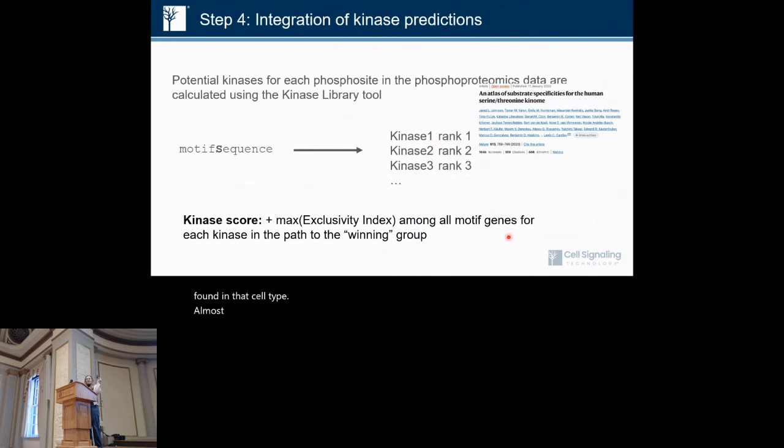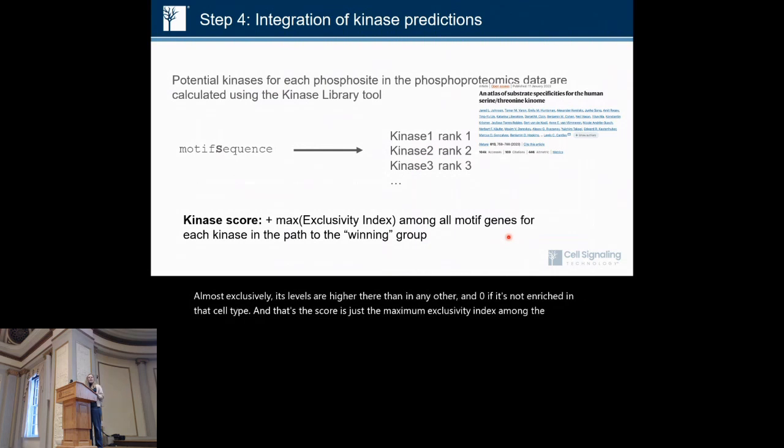Its levels are higher there than in any other, and 0 if it's not enriched in that cell type. And that's the score, is just the maximum exclusivity index among the substrates for the kinase in that path. And then we add that only to the experimental group that currently seems to be winning in the scores already.